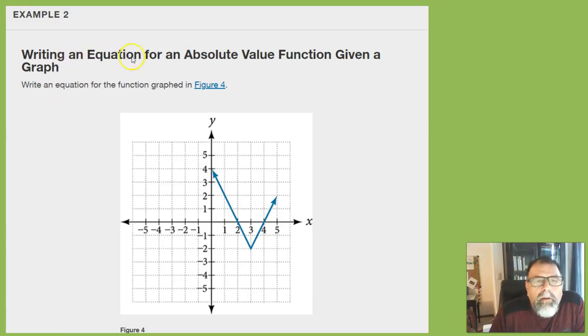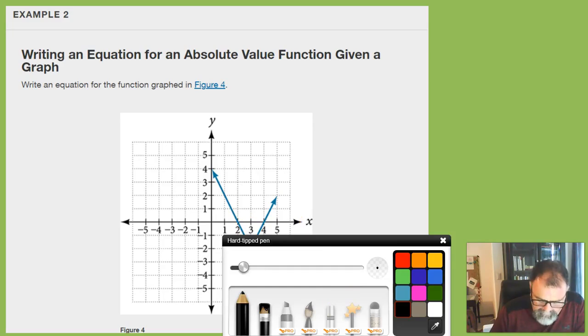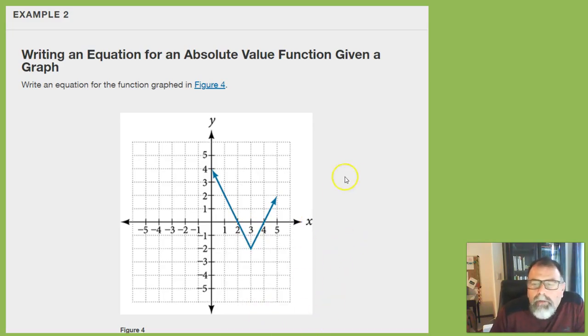Example 2, writing an equation for an absolute value function given a graph. Write an equation for the function graphed in figure 4. So what we have to do is first figure out what the transformations are. So if we start with our basic toolkit function, y is equal to absolute value of x, with points 0, 0, 1, 1, 2, 2.